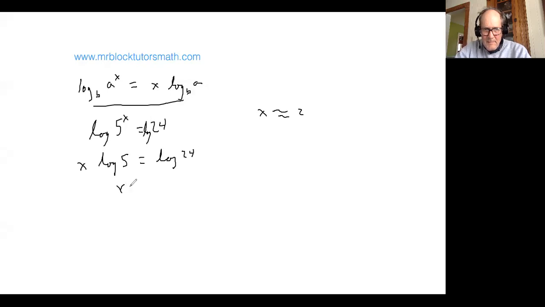Divide out the log 5, and I've got log 24 divided by log 5. Now take your calculator, go log 24, then divide by log 5, and see what you get.